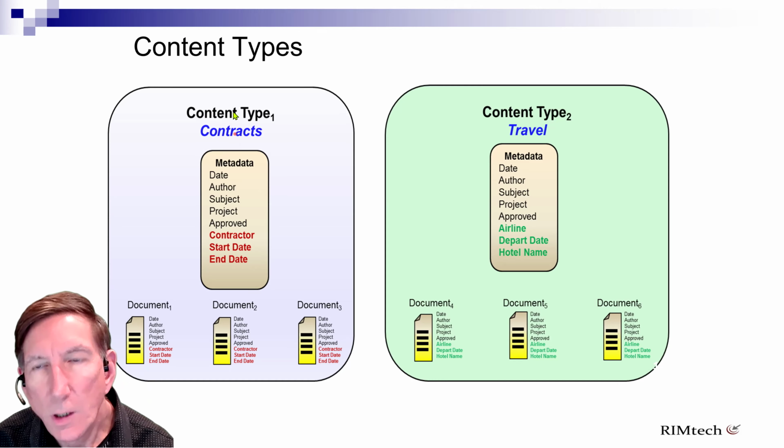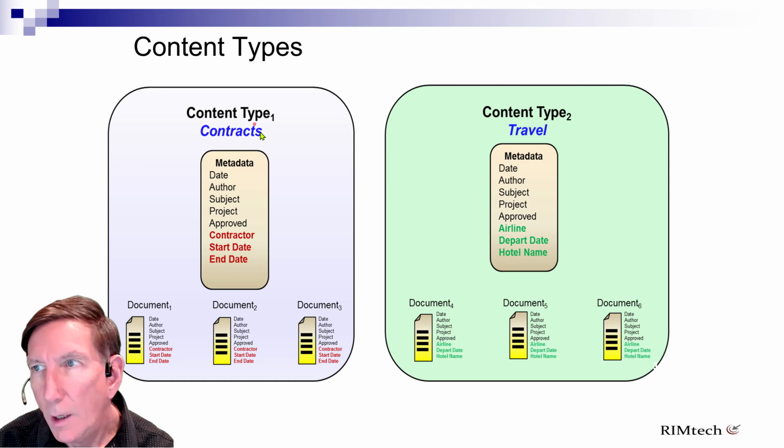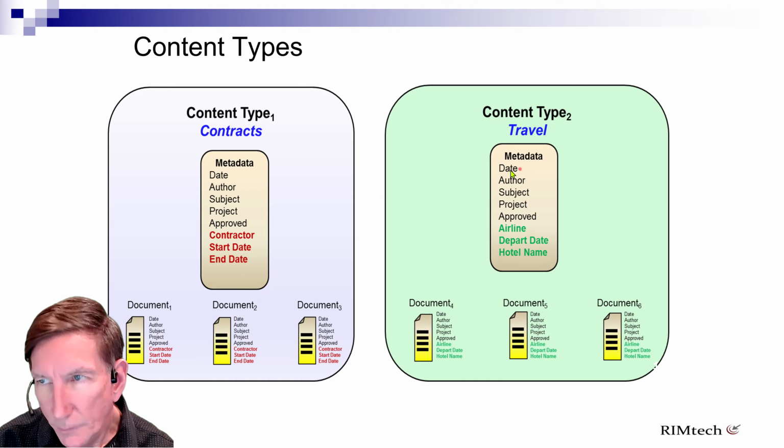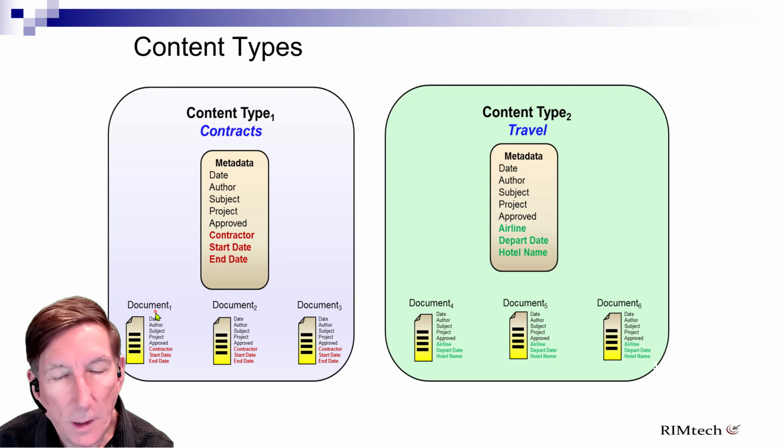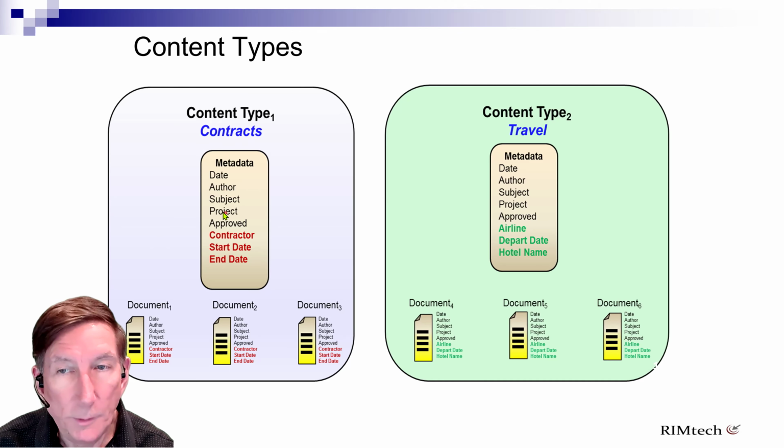The contracts content type has these 5 black fields as a base and these 3 red fields as specific to contracts, whereas a travel content type has the same 5 base fields and these 3 green travel specific fields. Now, we don't yet know how the content type gets assigned to the documents, but what we know so far is that every document in SharePoint is assigned to a content type, which determines its metadata.